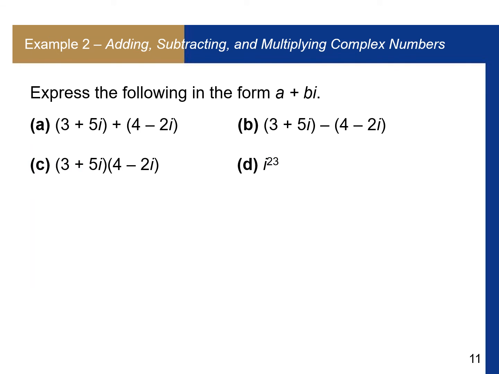So we're going to express the following in the form of A plus BI. If I take this first one and I'm adding them, I don't distribute any negatives because this is an addition sign. I want to add my real parts and add my imaginary parts.